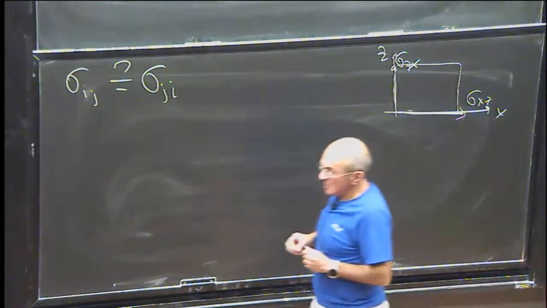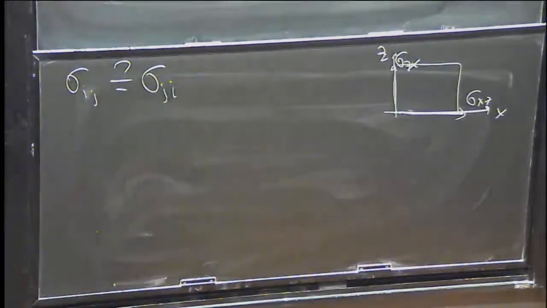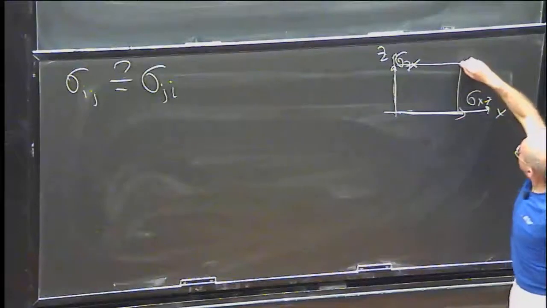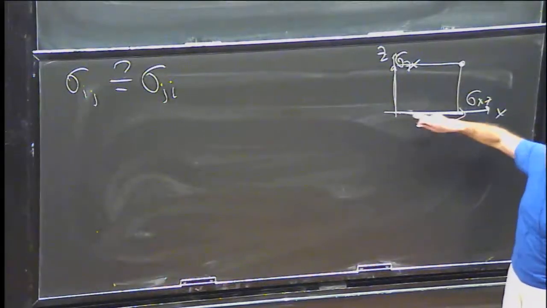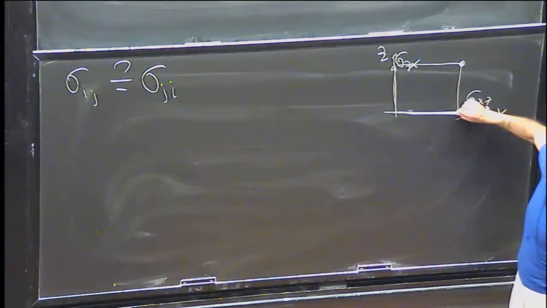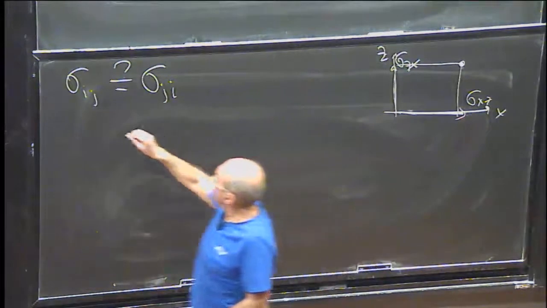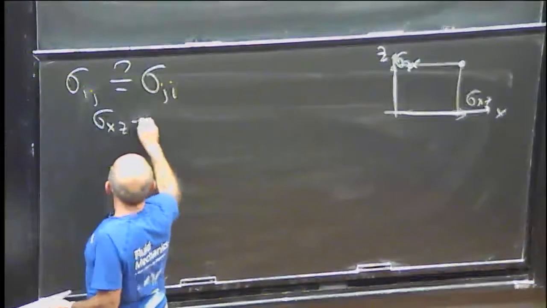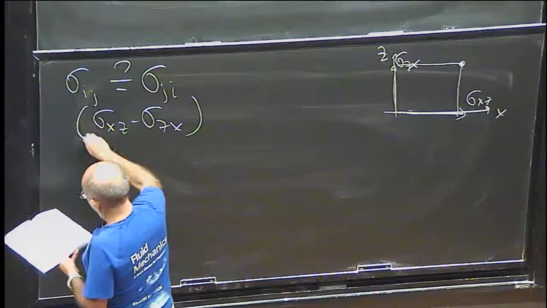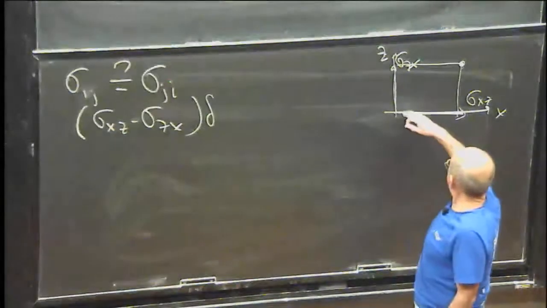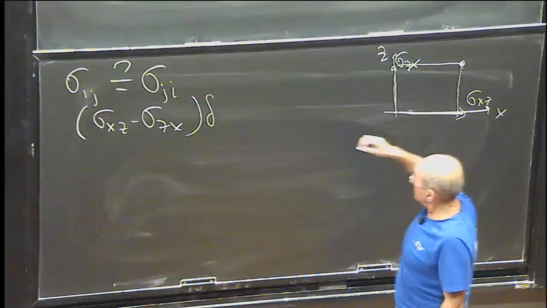Now, let's write the equation for this rotation. So, if, for example, I assume rotation around this point, that's my distance to the axis of this force. This is my distance to the axis of that force. So if I write sigma xz minus sigma zx, and I multiply it by area, which for this one would be delta x times delta y.